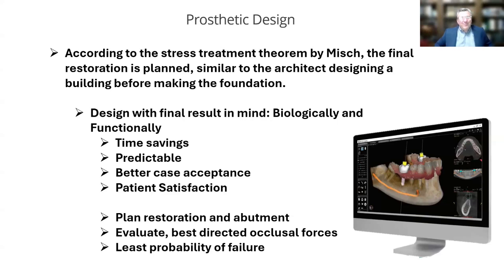We had to do the best we could to restore it in a way that was responsible. We didn't really know what we were doing back then. Dr. Misch was just getting started with this and writing his books, as were other authors and clinicians, and we just had to do the best we could. We didn't understand all the factors prosthetically that could interfere with an implant, but now we do, and we know that we need to design it the other way around.